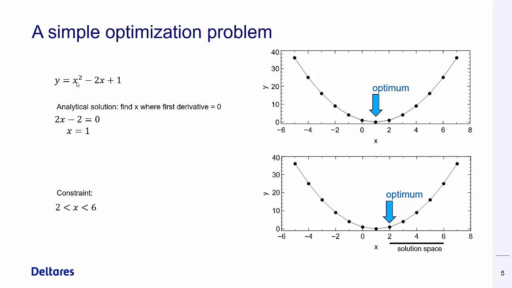So y is x squared minus 2x plus 1, and it's possible to minimize this with an analytical approach. Find x where the first derivative is 0. So we take the first derivative, 2x minus 2 is 0, and this leads to x equals 1. And in the plot here you can see the minimum value of this function.